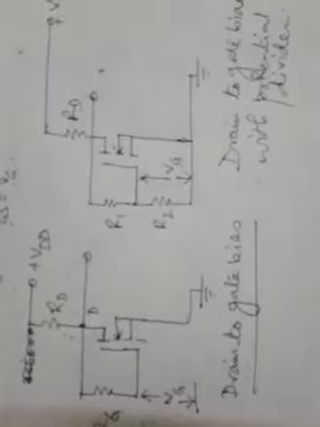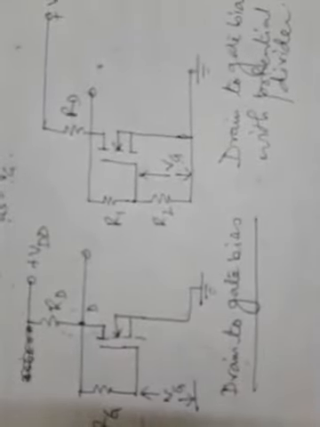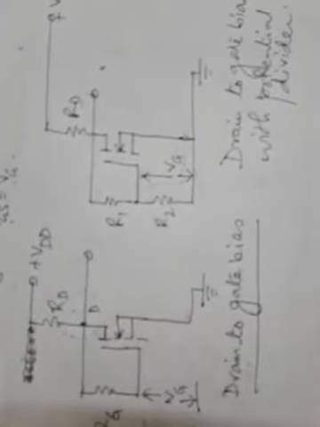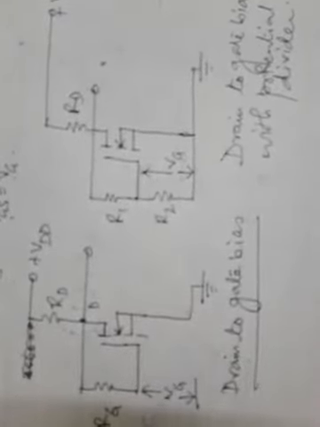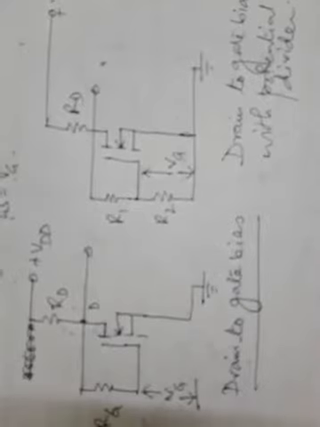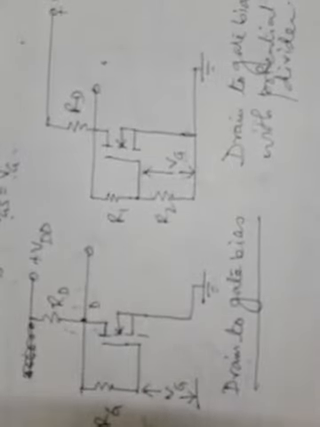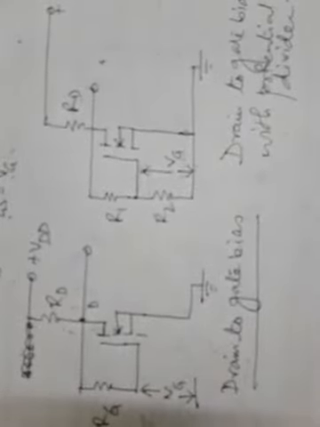So these are two different biasing techniques or circuits that can be used for the operation of n-channel enhancement MOSFET, and these devices must have their gate terminals positive with respect to the source, because they are enhancement type, for drain current to flow.